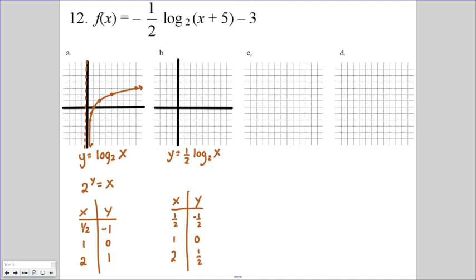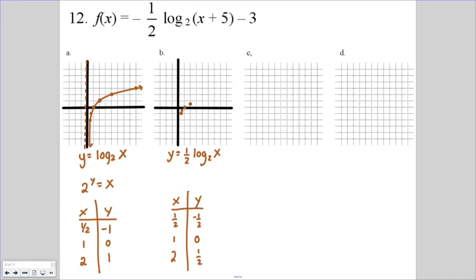Okay, so I am going to get 1/4, negative 1 this time. And then we're going to get 1/2, negative 1/2. Looks like that. And then 1, 0, still doesn't change. And then 2, 1/2. And then the next point, which we had, was 4, 2.